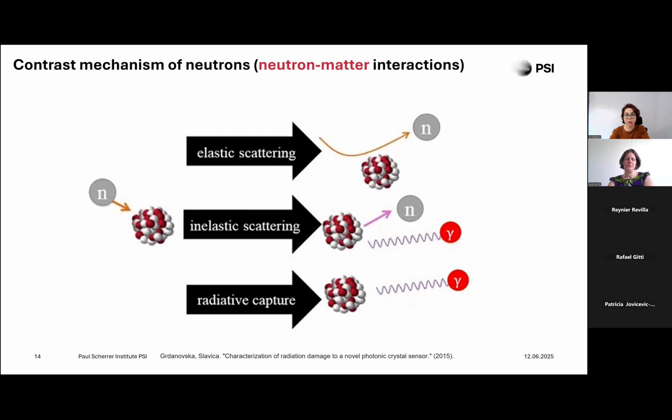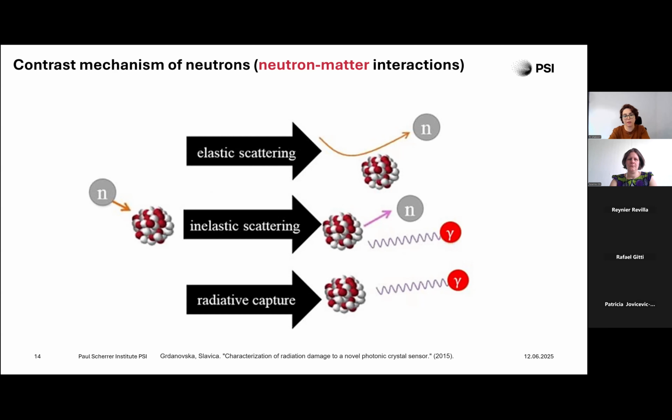First, starting with neutron-matter interaction, neutrons interact in principle in three main ways. It could be elastic or inelastic scattering, or it could be radiative capture or absorption.